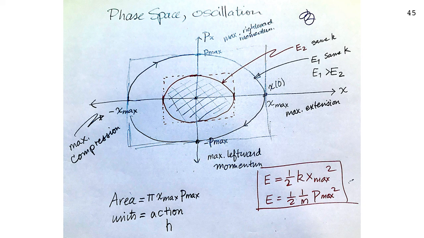And guess what the units are? What's a momentum times a distance? Kilogram meter per second times a meter.